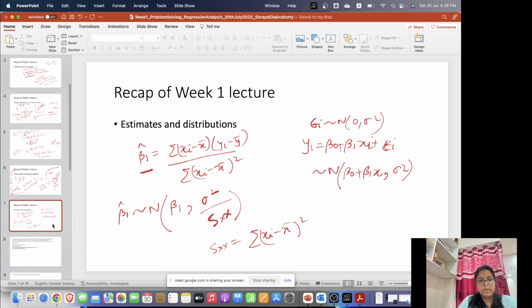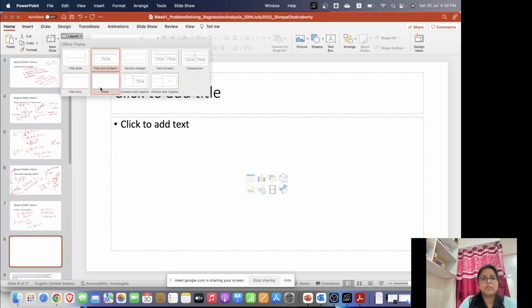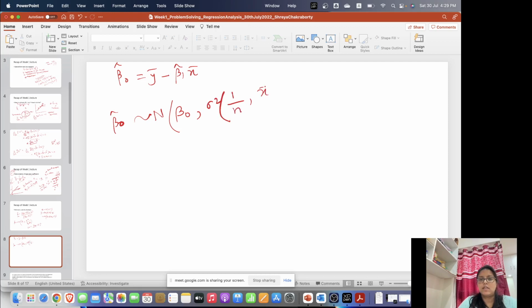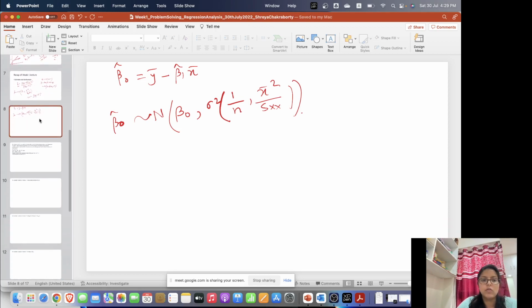Similarly, the estimate beta naught hat was y bar minus beta 1 hat x bar. And it also followed a normal distribution. It was unbiased, so the mean is beta naught, and the variance was this one. Okay, so with these prerequisites, we'll move on to solve this problem.